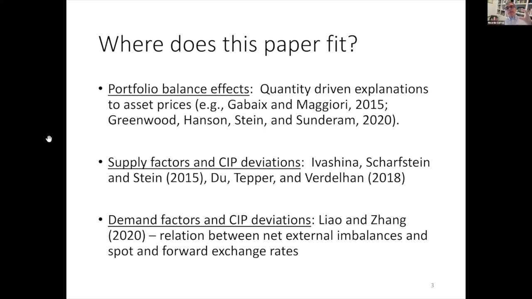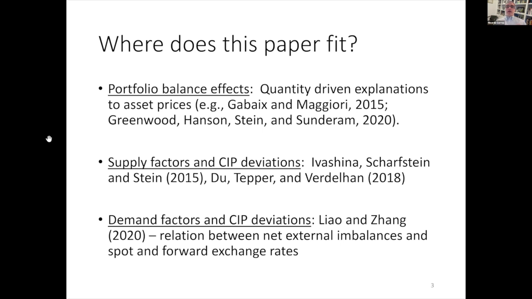Now, at least in this context, this literature has split into two subsets. Those that look at supply factors that may affect CIP deviations, and that Georgia mentioned, and also Sergio, is the deviation attraction side, which looks more at counterparty risk and whether banks have enough capital to get into these positions, factoring in that counterparty risk.